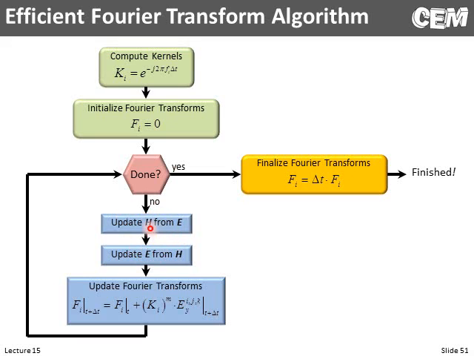But here's all your basic update equations, however you're doing it. And once you've finished updating, then for every point and every frequency that you're interested in, we update our Fourier transform. So the previous tally, plus the electric field that we want to Fourier transform at our updated time step, times the kernel raised to the nth power, adds to the previous tally to give us our new tally.